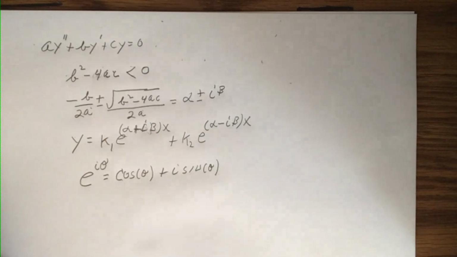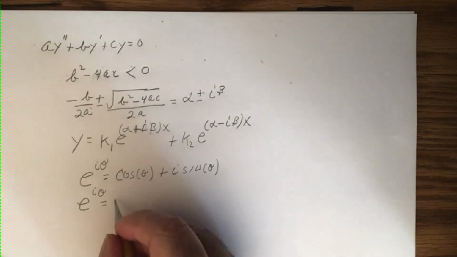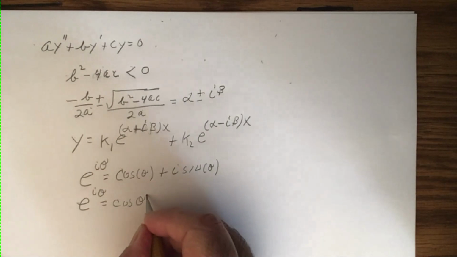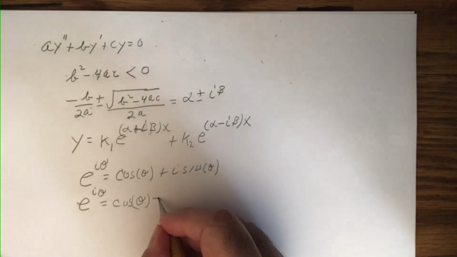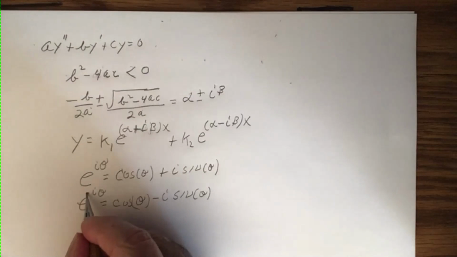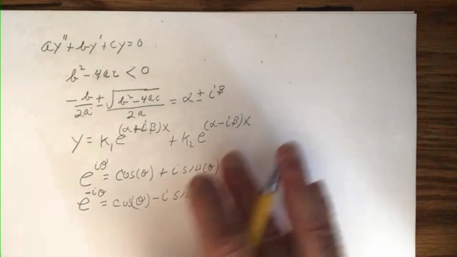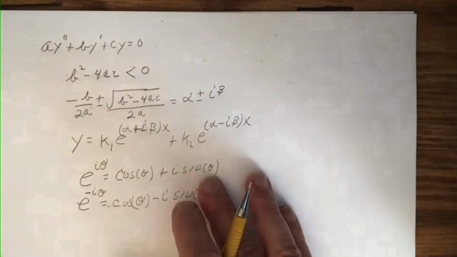All right. Let's see. And then e to the minus I theta is equal to cosine of theta minus I sine theta. But I want to put a minus sign here. So what I'm going to show you is that using Euler's equation, I can get sines and cosines.